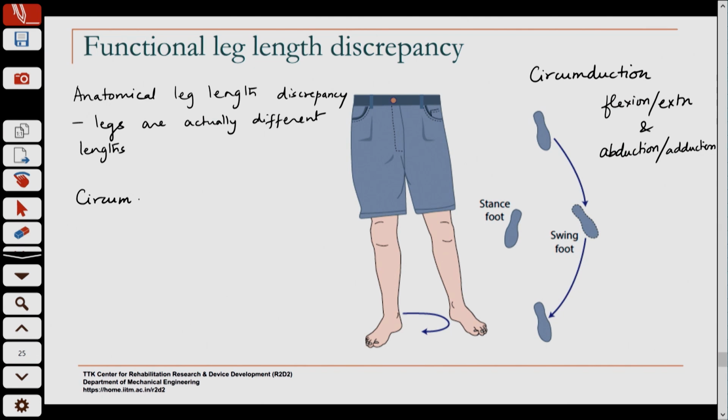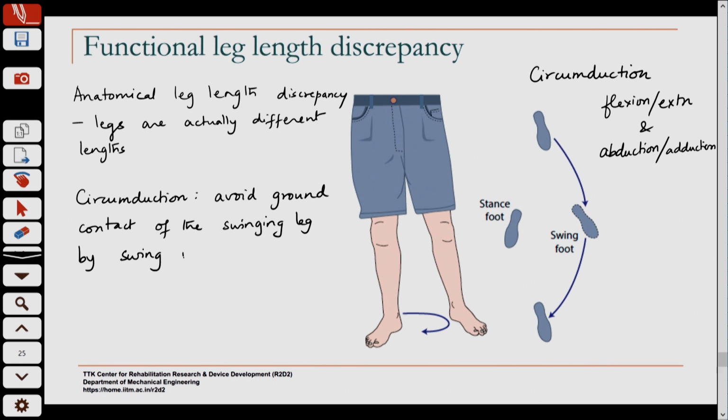So, here in circumduction, you avoid ground contact of the swinging leg by swinging it outward.